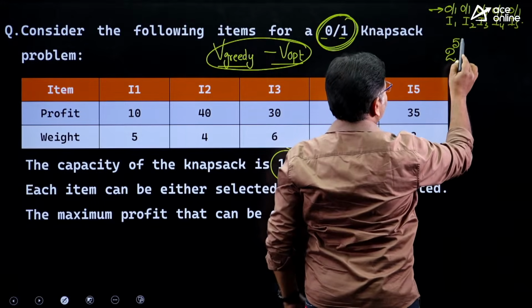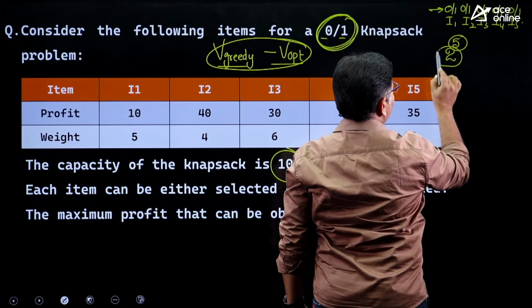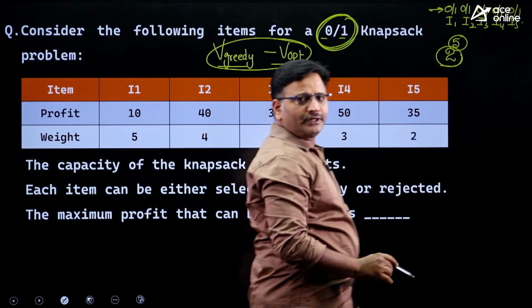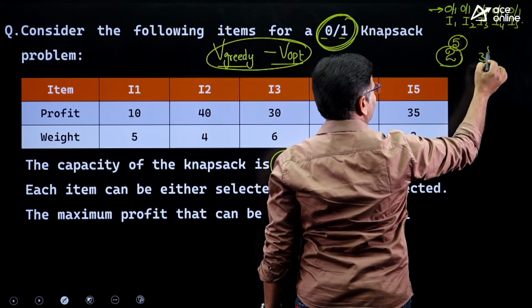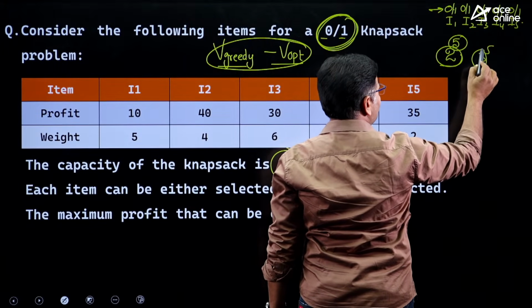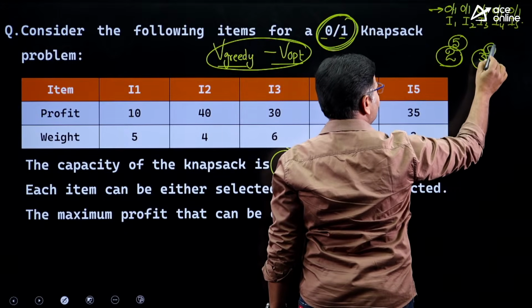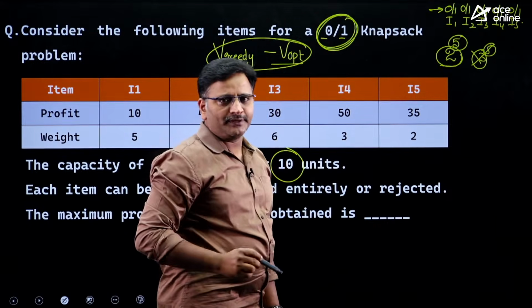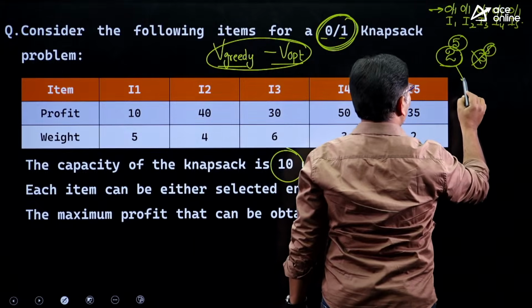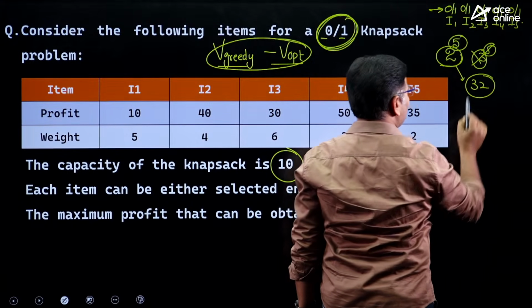The exponent value indicates the number of such objects, the base indicates the number of decisions. Suppose if each object is having 3 decisions, I can say 3 power 5. Base always indicates the number of possible decisions and exponent always indicates the number of such objects. Okay, so 2 power 5 decisions are possible. 2 power 5 means obviously 32 possible decisions are there.